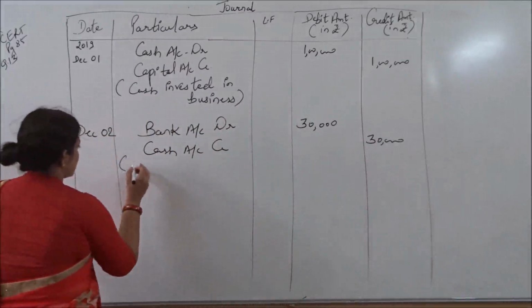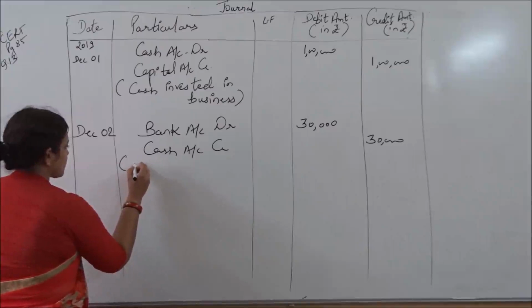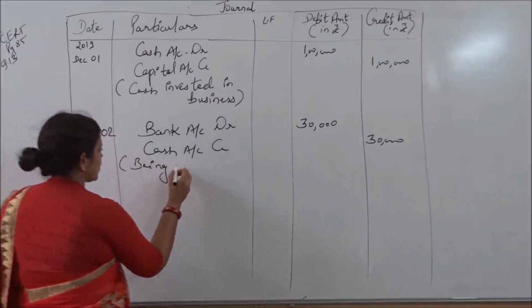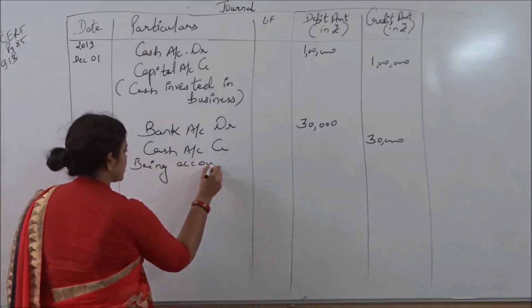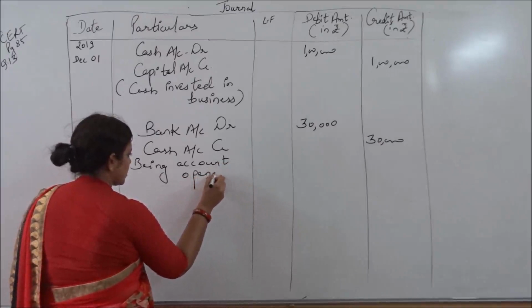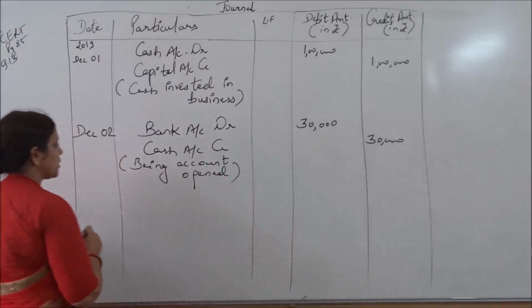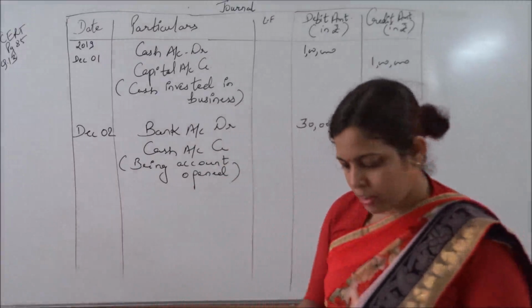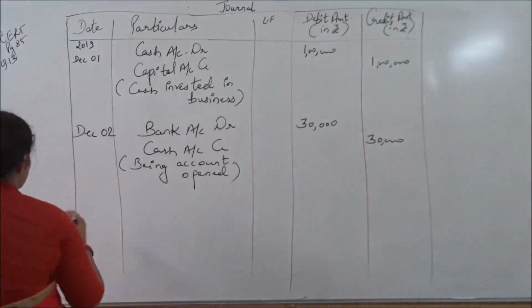Write the narration also. Being account opened. Okay. This was the second one. Then next one, December 4. Purchase goods from Ashu.